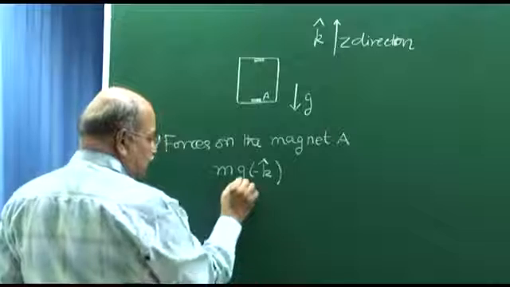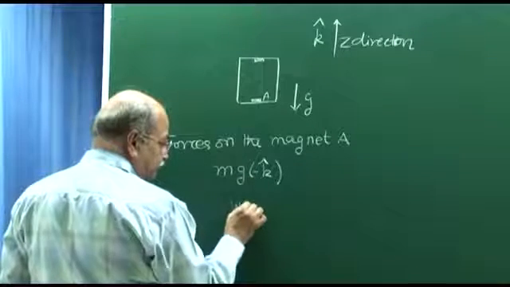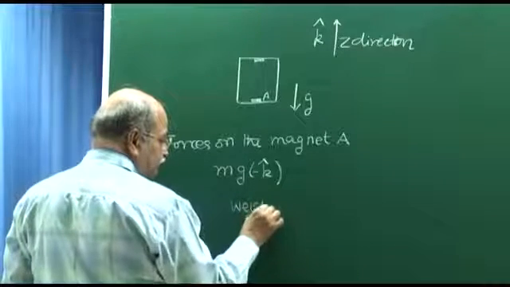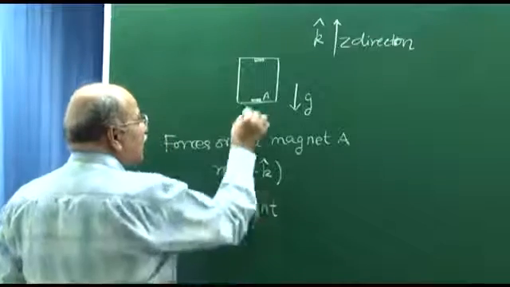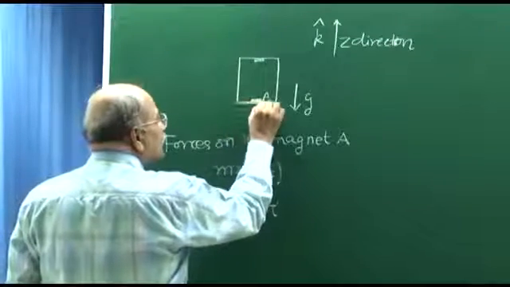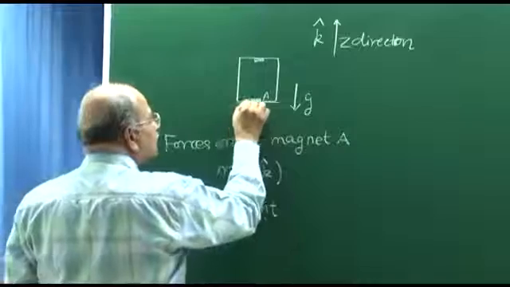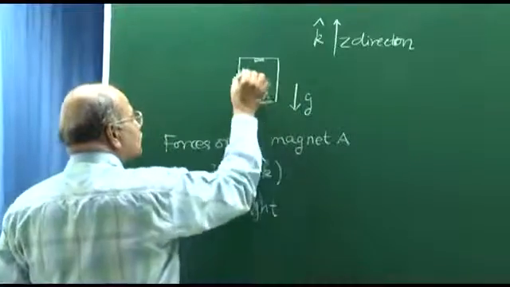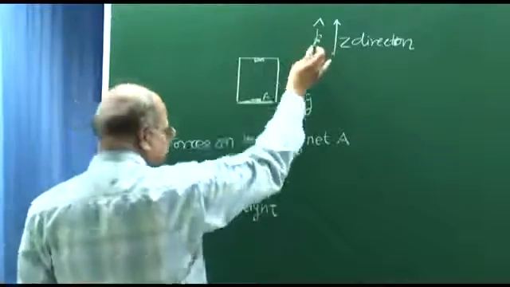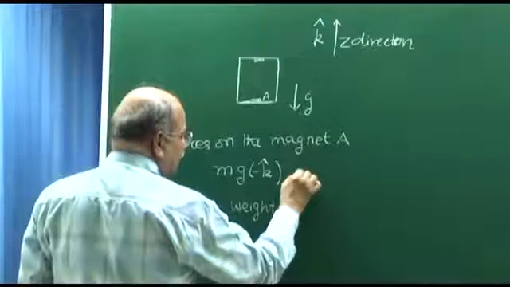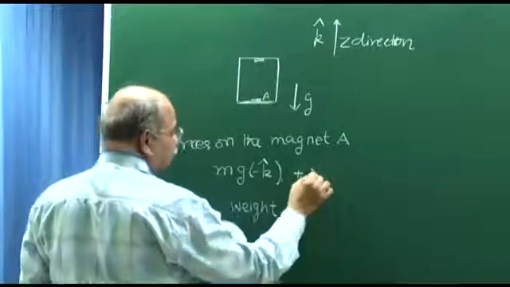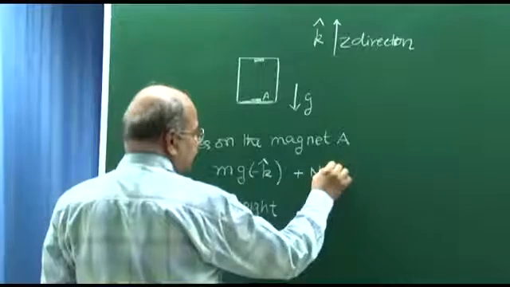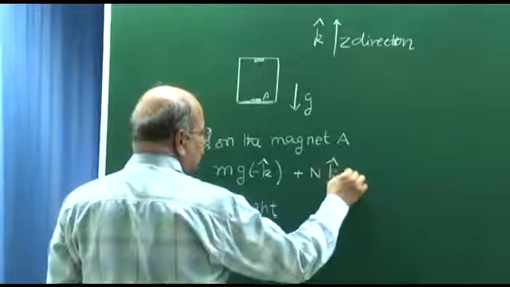So, this is the weight. Then I have the normal reaction force from the bottom, that force will be in upward direction. So, you can write that as N, and this is in upward direction.